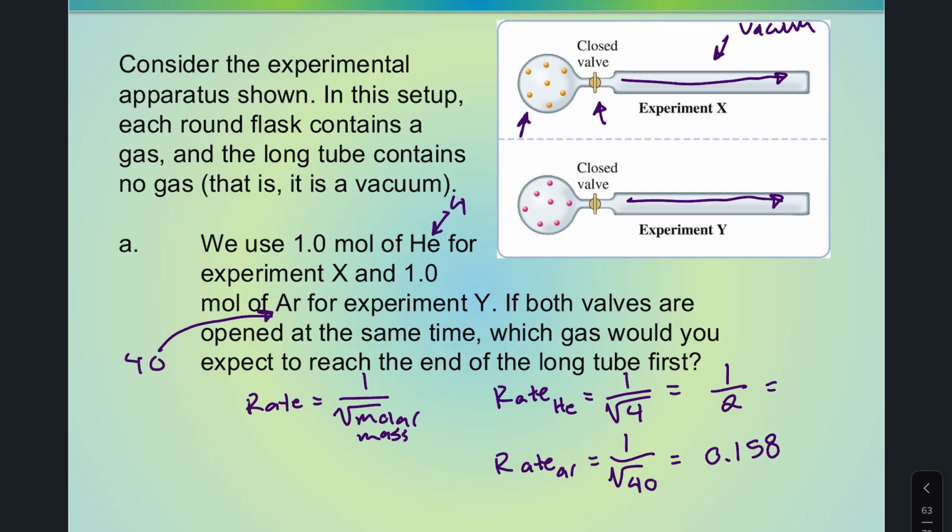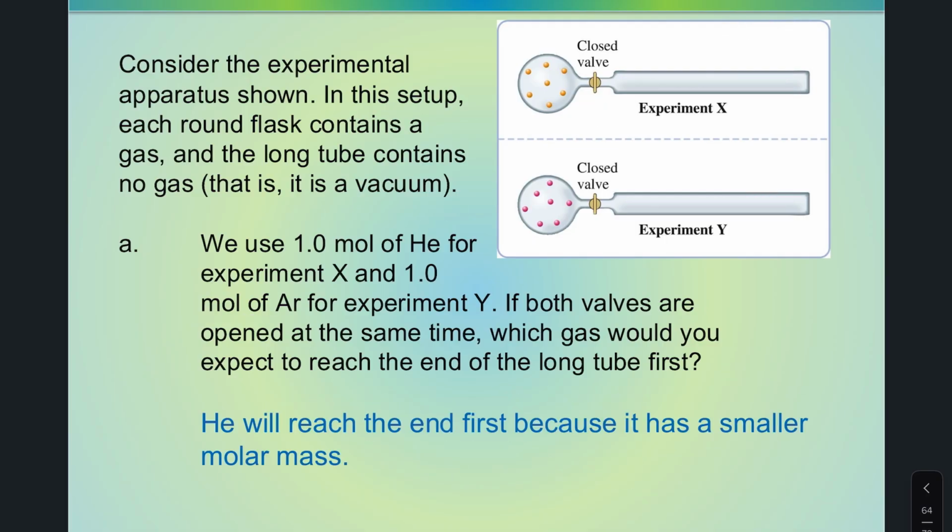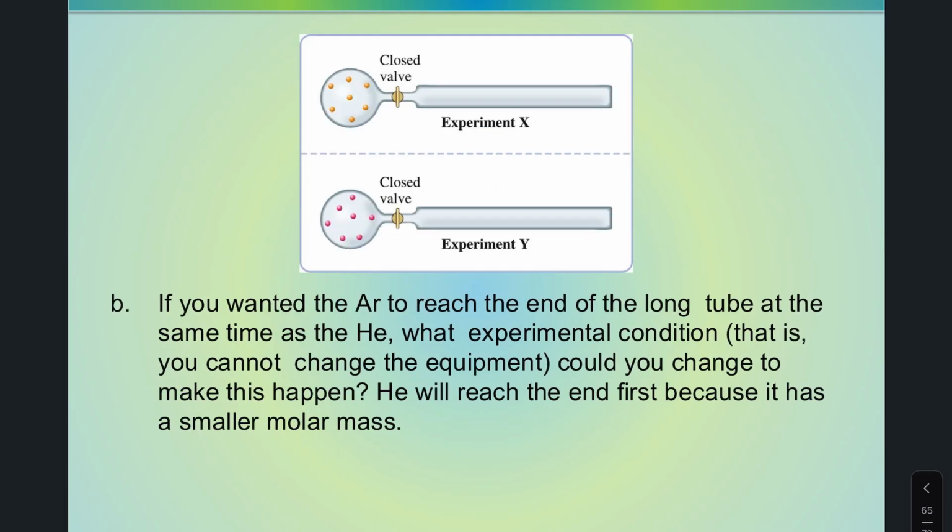So this is equal to 0.5, and that one is equal to 0.15, which means that helium is going to have a higher rate. Helium has a higher rate, and that's because its molar mass is lower. And so that is exactly what you see. Helium will reach the end first because it has a smaller molar mass.